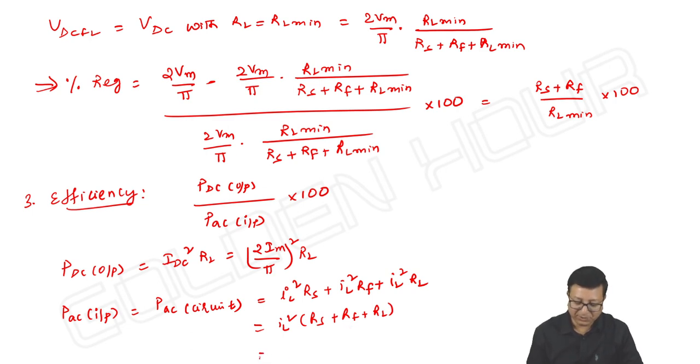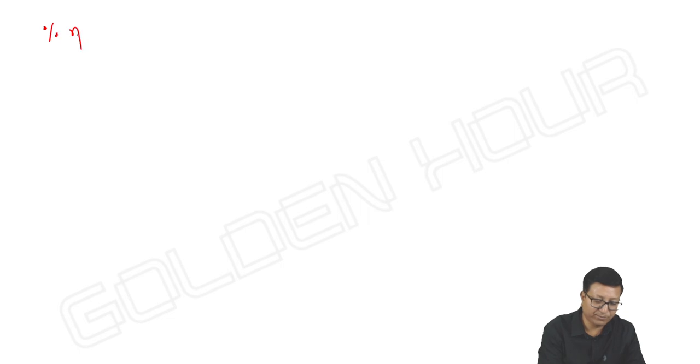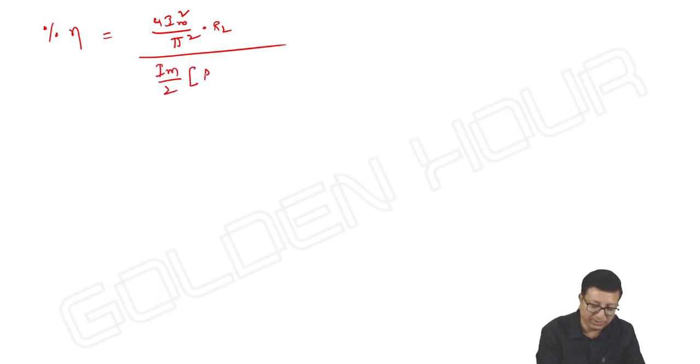So IL, at the time of substitution, what should we do? We have to take its RMS value. What is its RMS value? It is Im by root 2, whole square, into RS plus RF plus RL, so that the percentage efficiency is equal to 4Im square by pi square into RL, divided by IRMS, which is Im by 2 into RS plus RF plus RL, multiplied with 100.